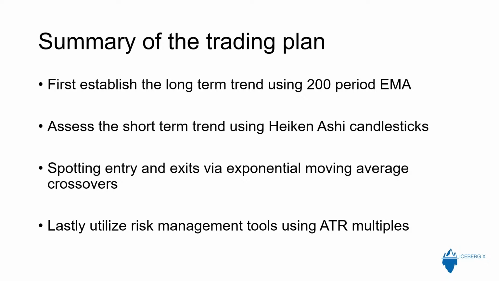Now, if you want to look at a shorter term trend, you can always use Heiken Ashi candles instead of Japanese candlesticks, because Heiken Ashi candles take the average of Japanese candlesticks, in a sense that they depict the trend in a clearer manner.